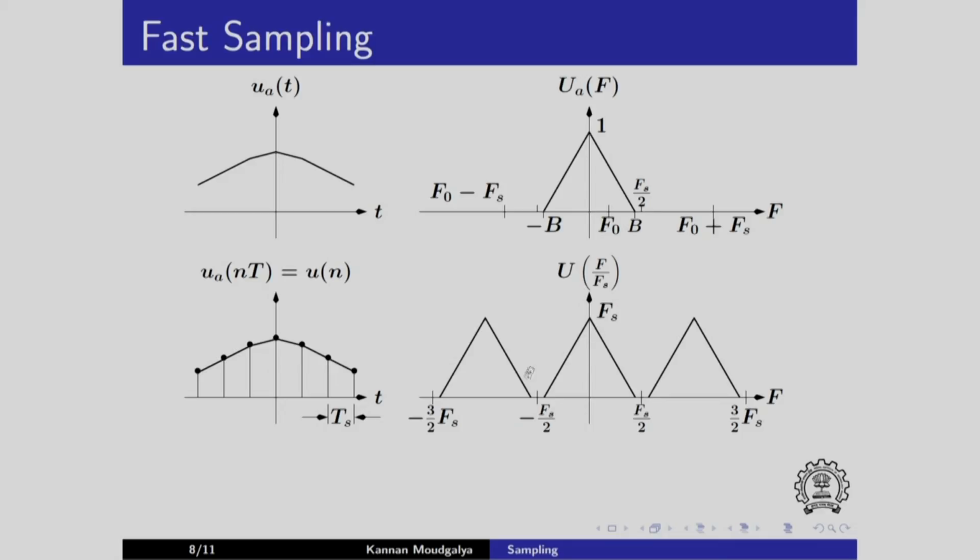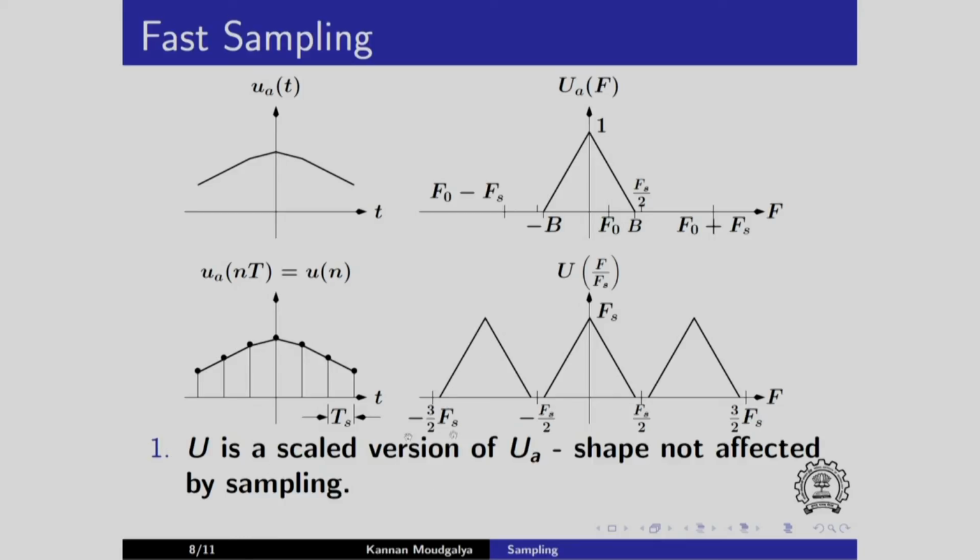We have already said that this expression is periodic in fs. After every fs it will repeat itself. So you see that the period is marked here with these two lines. This is minus fs by 2, this is fs by 2, the distance between these two is fs, and until the next instant comes it will repeat itself.